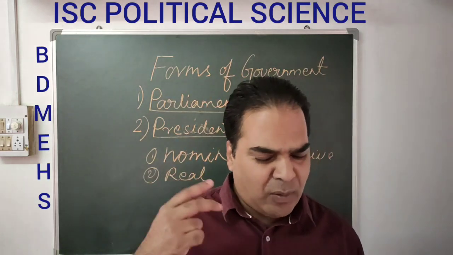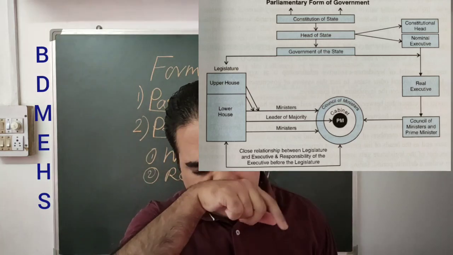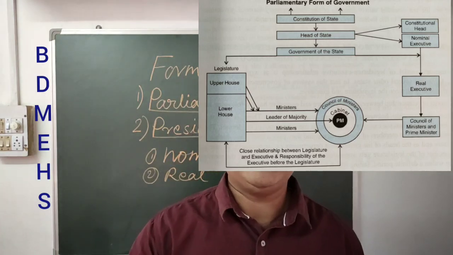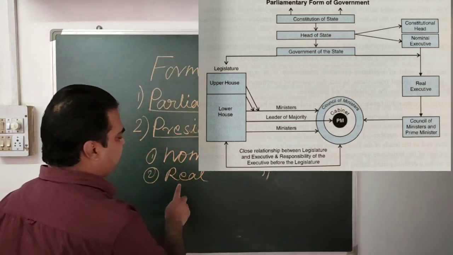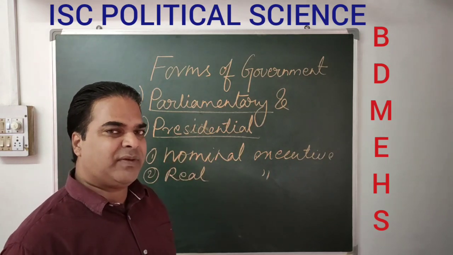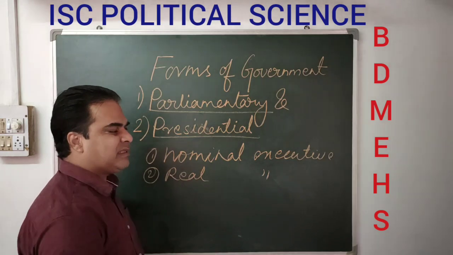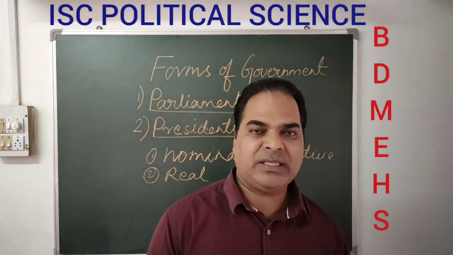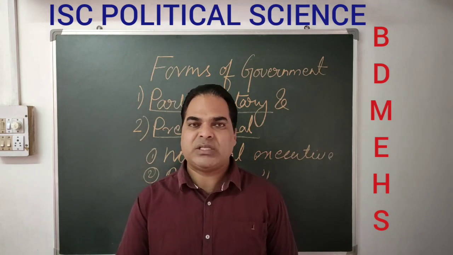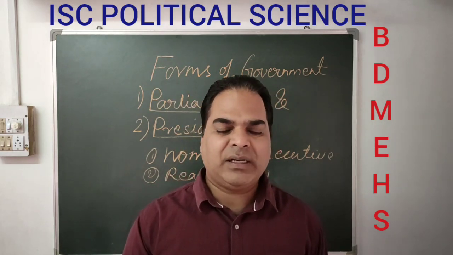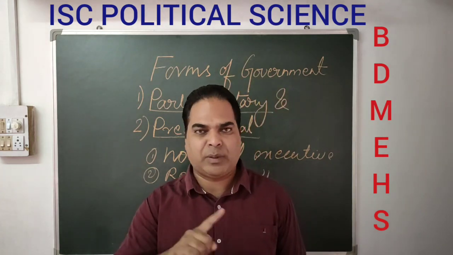The parliamentary form of government has two parts. It is a system in which the executive has two parts, that is, the nominal executive and the real executive. The nominal executive is the constitutional head, just for namesake, who does not possess real powers, and is not responsible or accountable to the parliament.